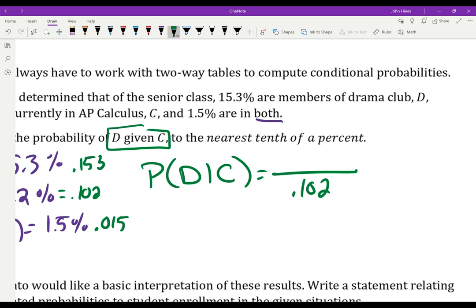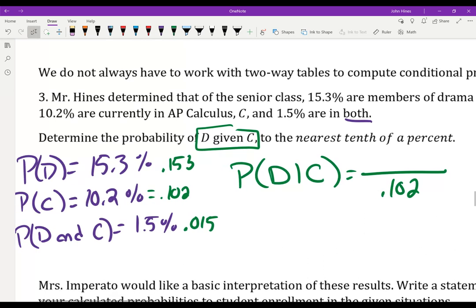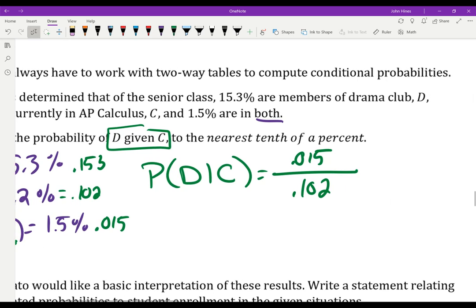So the probability of D given C is, I'm only picking from the calculus kids. So I can't put all the drama kids up top because they have to be in calculus already. How many of them are also in drama? 0.015 out of 0.102. So if I divide here, I end up getting 14.7%.